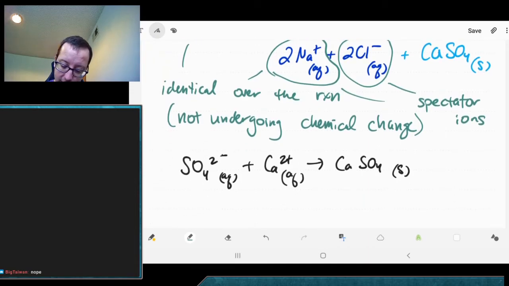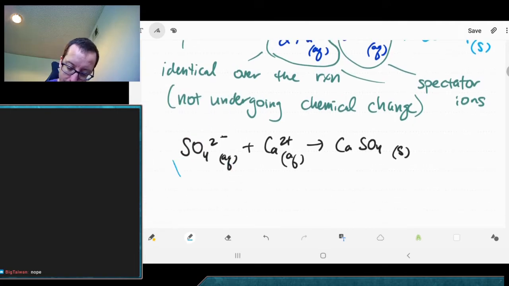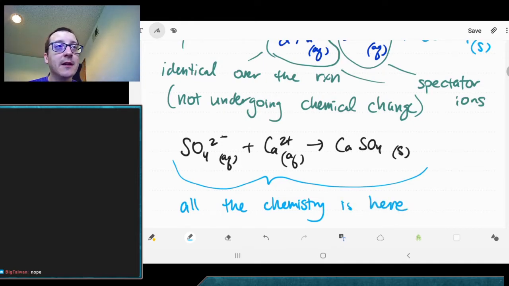We see that all the chemistry of this reaction is kind of condensed to this last little bit once we get rid of those spectators. So the spectators are just floating around, they're not doing anything.